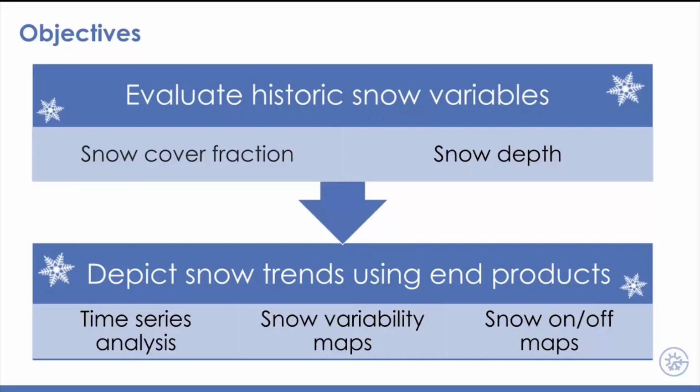We're trying to create end products such as time series analysis, snow variable maps, and snow on and off maps to look at the trends across these 22 years and see if we could provide our partners with an end product that could help them figure out how these 2 areas were changing over that amount of time and how they could continue to change in the future.